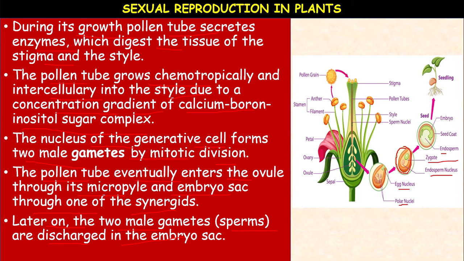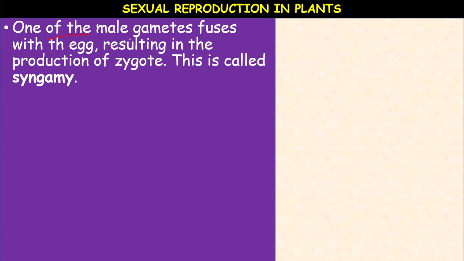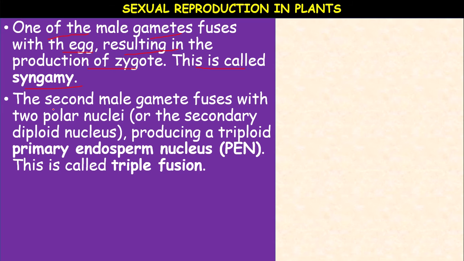Let us discuss more about this. One of the male gametes fuses with the egg, resulting in the production of the zygote. This is called syngamy. The second male gamete fuses with the two polar nuclei or secondary diploid nucleus, producing a triploid primary endosperm nucleus, PEN in short form.